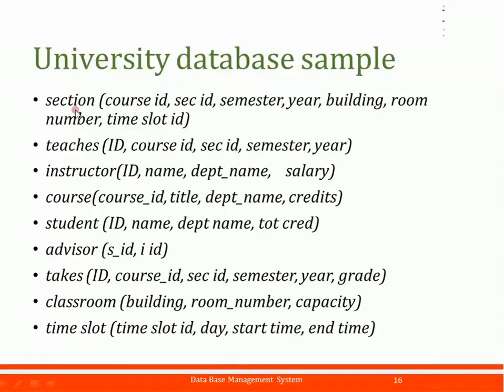All these are the tables of this particular database. So this university database consists of some 5 to 10 tables, and each of these tables has some specified attributes. So for all these things we have to get the data from the user and store it in the database.